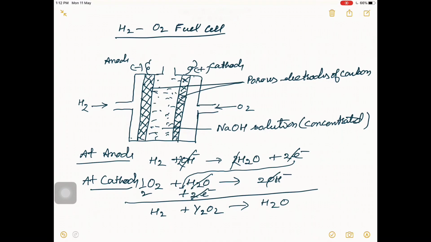Now the water molecule on both sides will cancel, and this will form a net water molecule. So hydrogen and oxygen are used in this fuel cell reaction. Water will form, which is removed continuously from the cell. This is all about secondary cells today. Thank you.